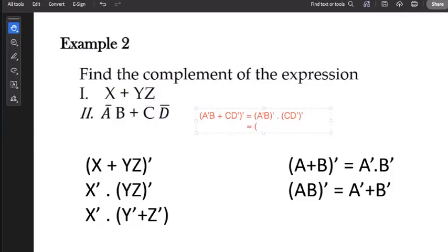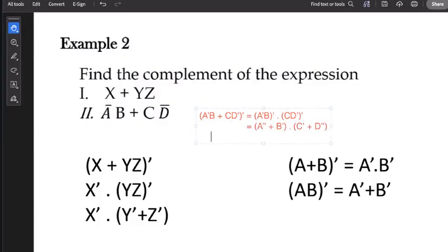X bar plus Y bar. So it is going to be (A bar bar plus B bar). Again, it is multiplied by (C bar plus D bar bar).